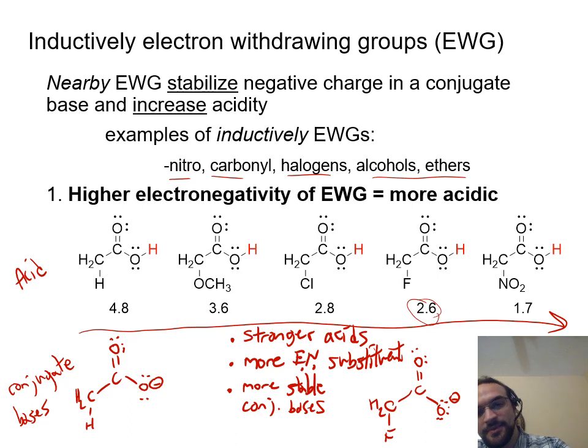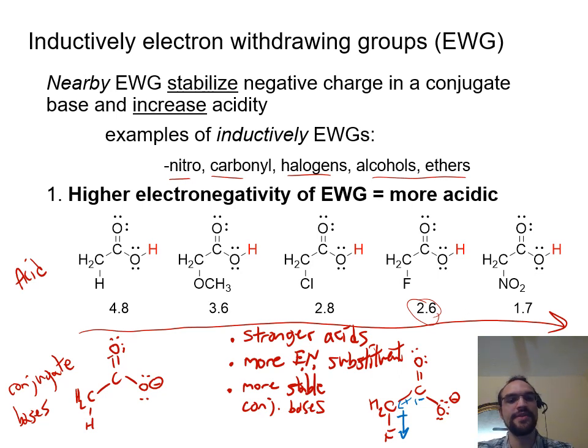And why is that? Well, this fluoro substituent, or any of the electronegative substituents, pulls electron density towards itself, and that pull gets transferred throughout the whole molecule. So the negative charge between those two oxygens in the carboxylic acid conjugate base is spread a little bit through the molecule, so it doesn't seem quite as big and bad and scary.